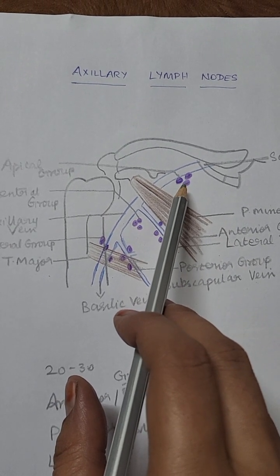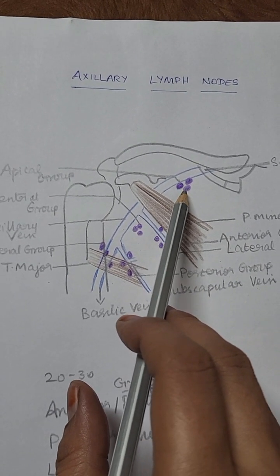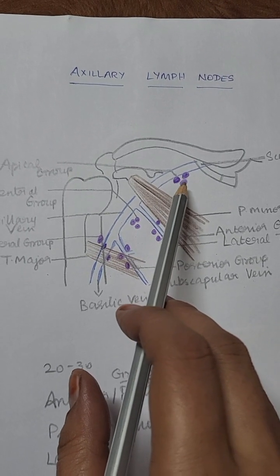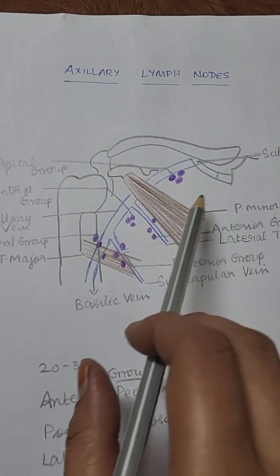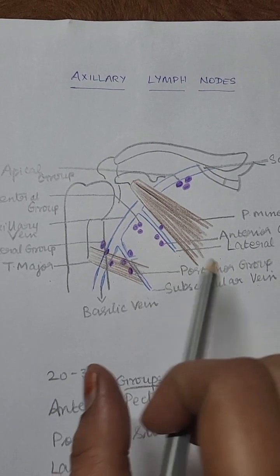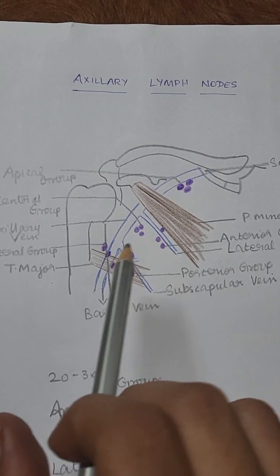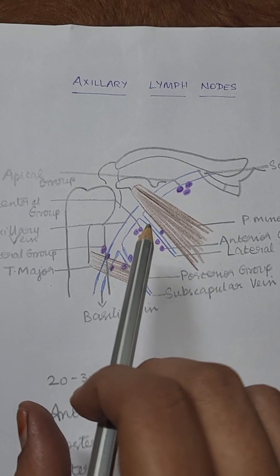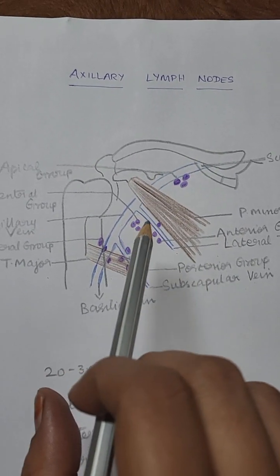This apical group of lymph nodes is more important because they receive lymph directly from the upper part of the breast, and indirectly from the breast via the anterior, posterior, lateral, and central groups of lymph nodes.